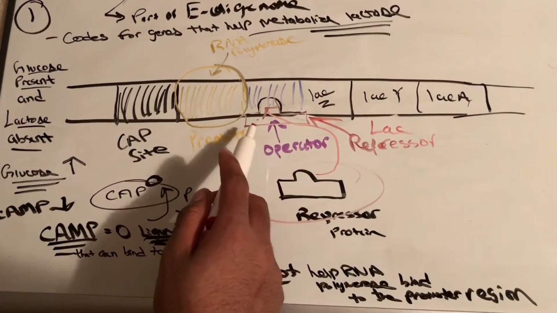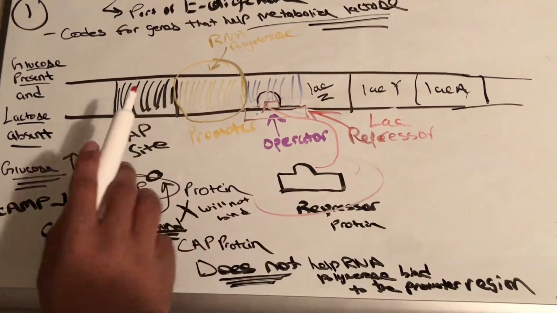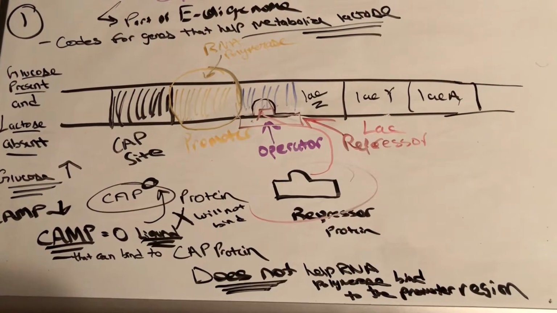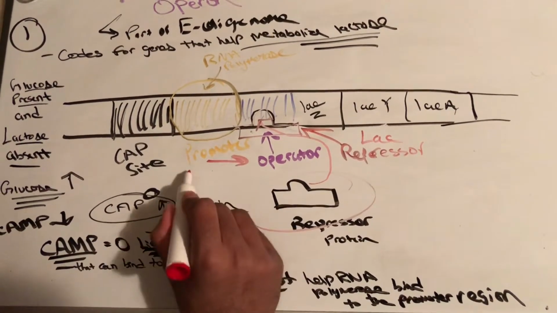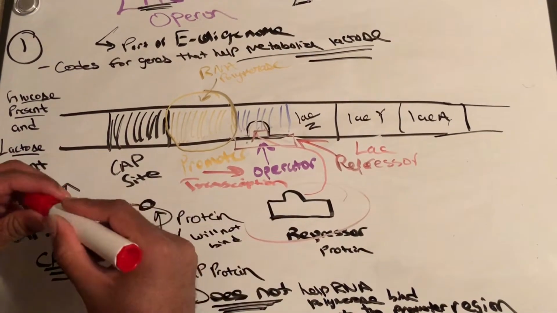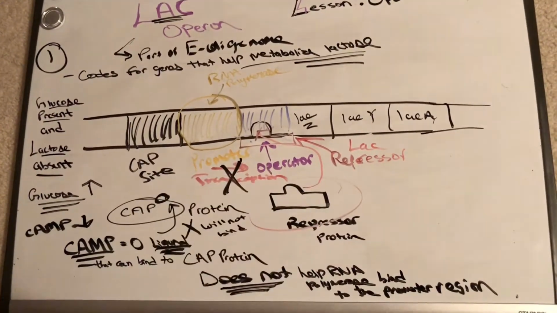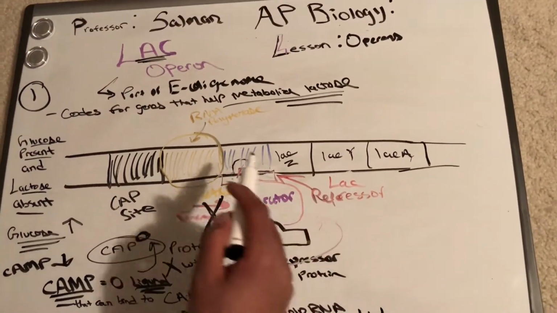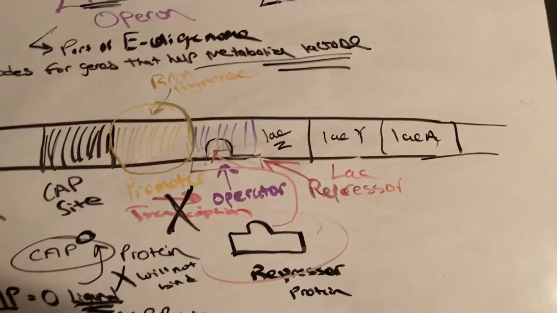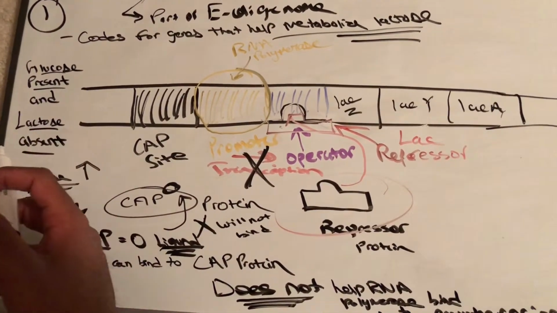And since it's bound to the operator region, RNA polymerase will not be able to go through the process of transcription. Usually you'll have the process of transcription, right? But in this case, it's a big no, because you have this lac repressor bound to the operator region. So here we have it. This is one of the scenarios: when glucose is present and lactose is absent.